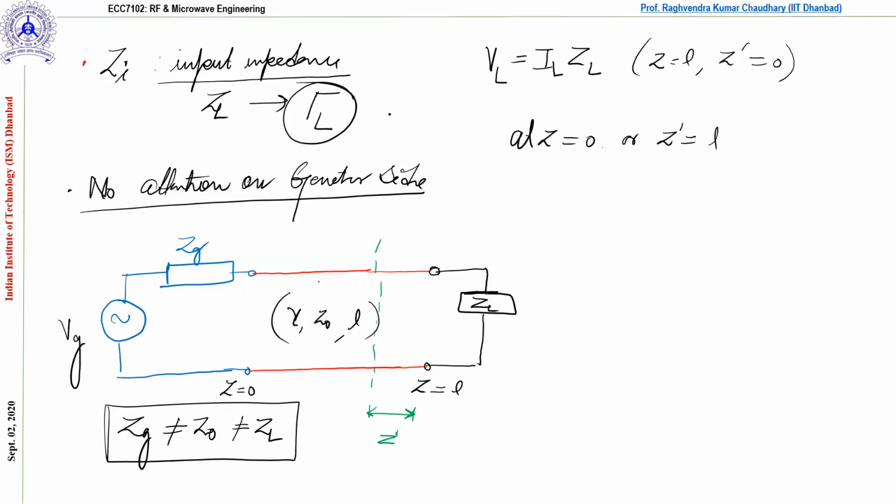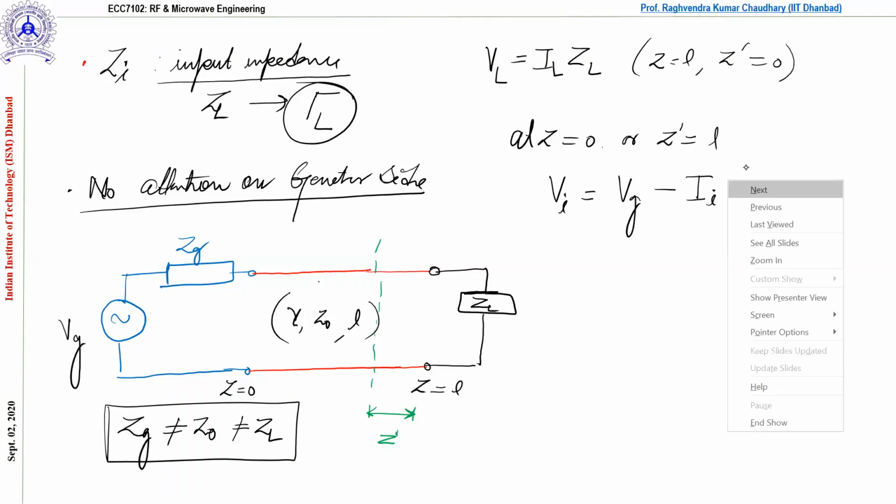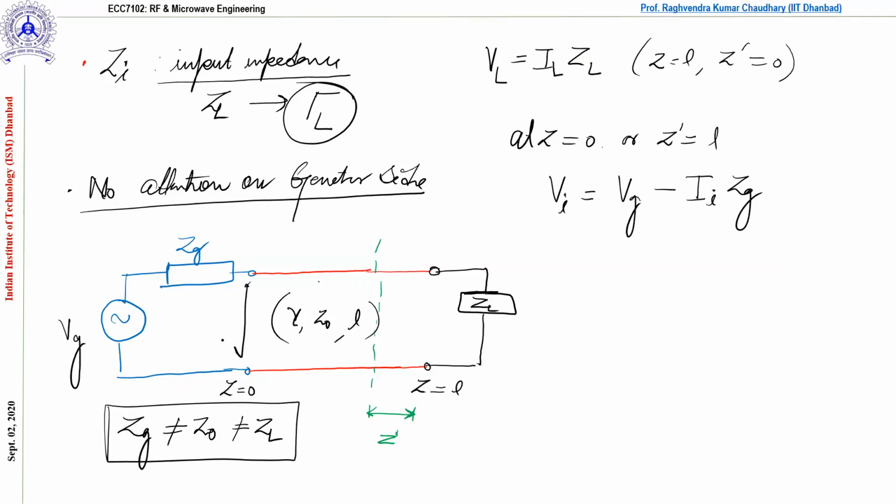And so we can write Vi is equal to Vg minus I, the current at the input terminal, times Zg. Fine. So this is the location, correct, where we are calculating the Vi. And this is the current I.